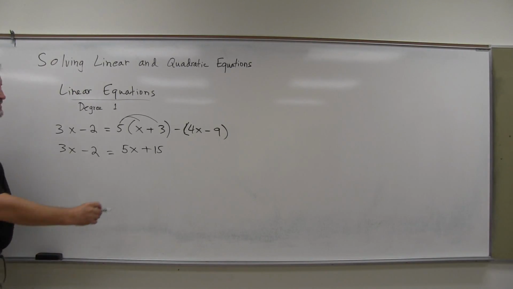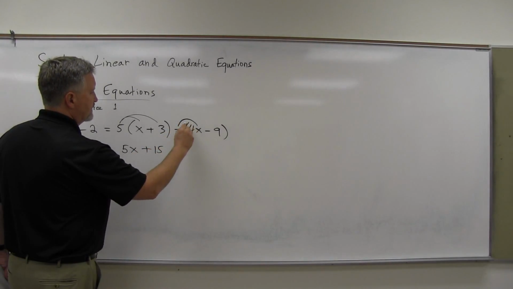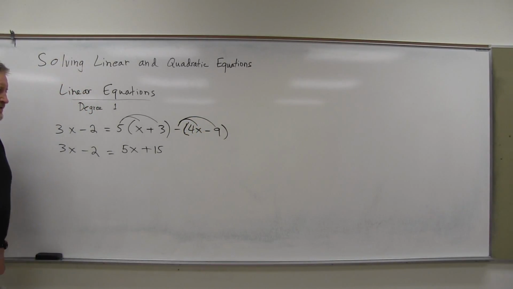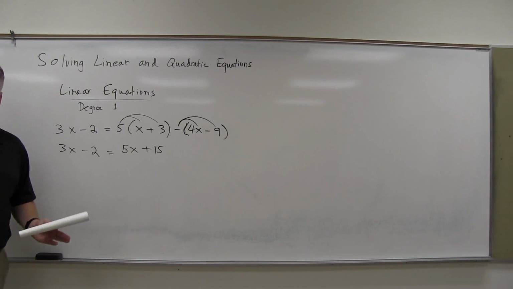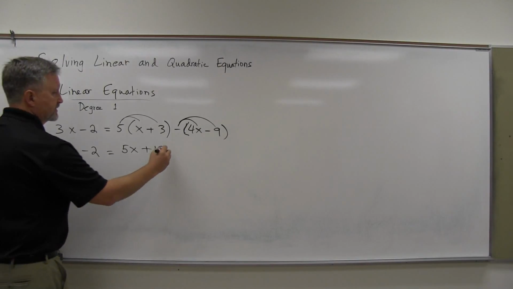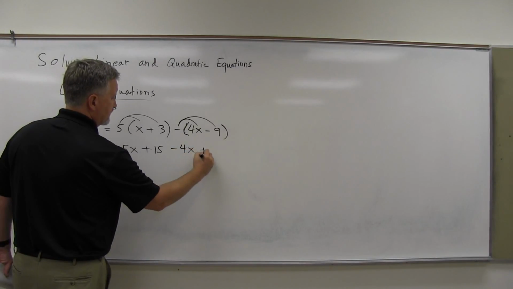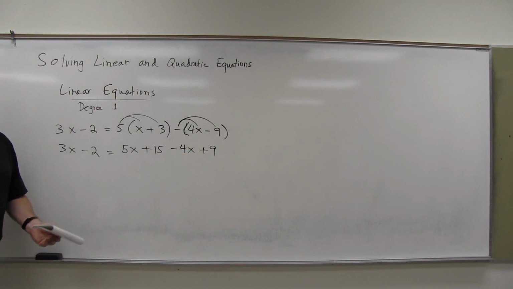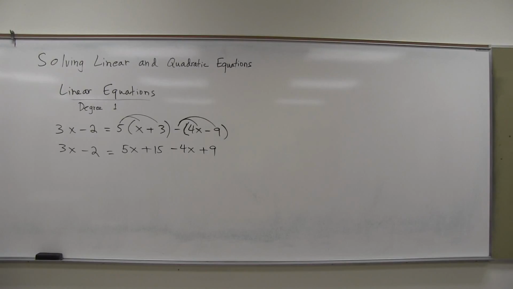All right, then similarly, we'll have to distribute the minus, which is understood to be a minus 1. So we're multiplying in the parentheses there by a negative 1, which of course is going to make it minus 4x plus 9. It changes the signs of what's inside the parentheses there.